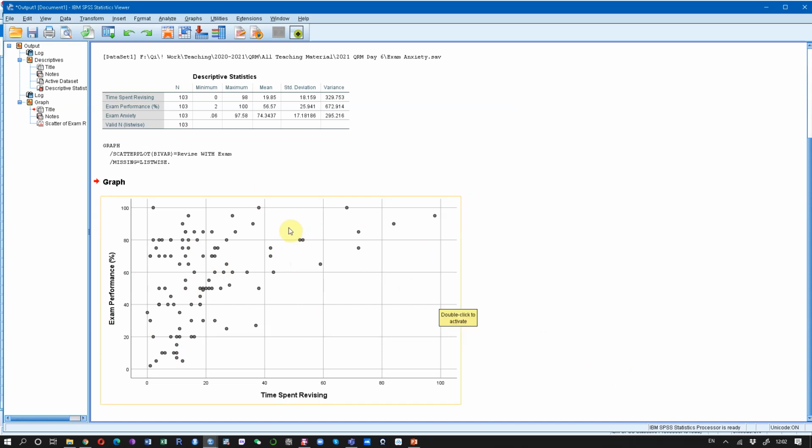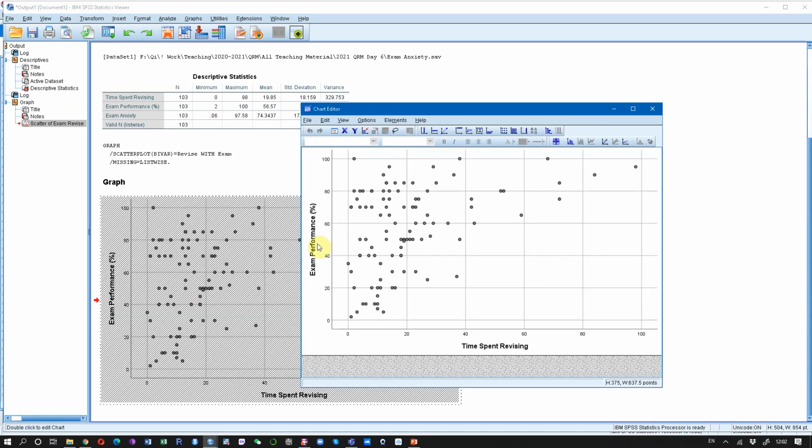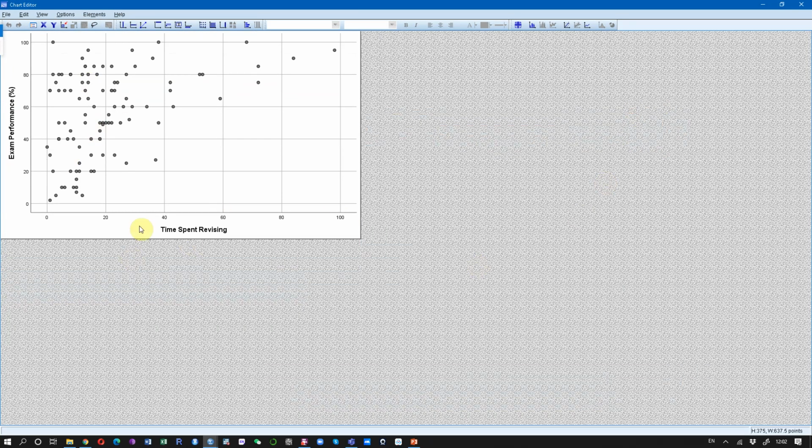To do that, you just need to double click. Well, you could do it with a function, but it's easier to just double click on the scatter plot, and it will be singled out. A new window pops up, and that is the diagram window. On the diagram window, you will have the choice to add a fit line through the total observations.